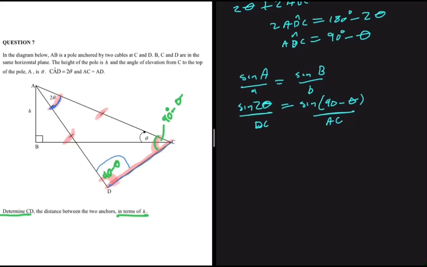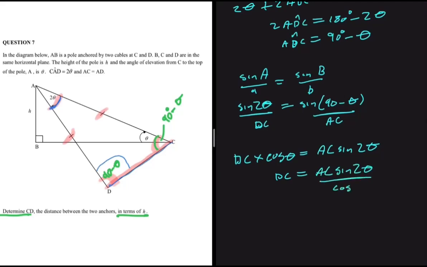So if we cross multiply, we get DC multiplied by sine of 90 minus theta, that is just cos of theta, right? And then that is equal to AC sine of 2 theta. So DC is equal to AC sine of 2 theta, everything divided by cos of theta.